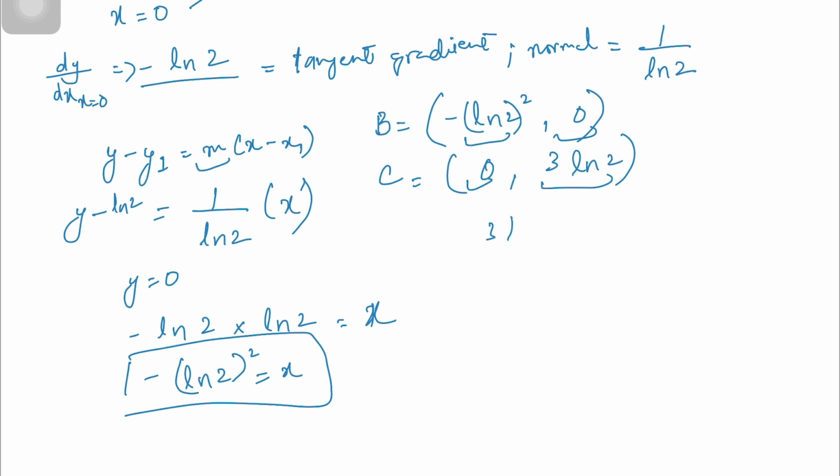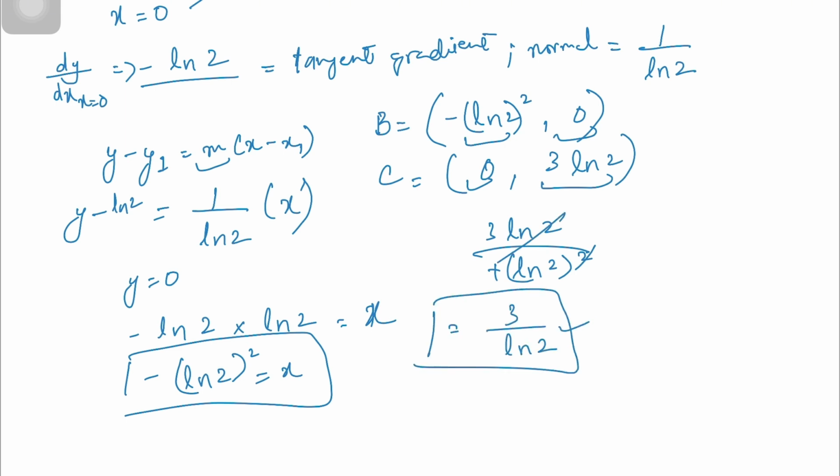So this y2, 3 ln 2, would be subtracted by 0, and then this would be 0 minus negative ln 2 whole squared. So this would be positive ln 2 whole squared. This will be cancelled out, so this would be 3 over ln 2 as our gradient simply. So this is our final answer.